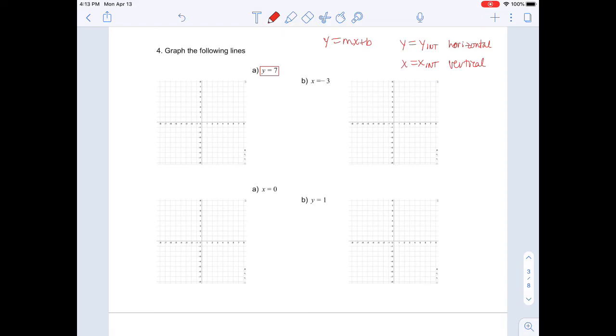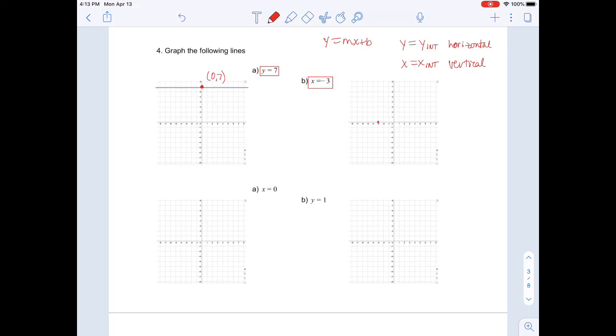So if I know that y equals 7 is my line, I know that the y int is (0, 7), and I know it's a horizontal line. And it's as easy as that. For this guy here, I know it's a vertical line.